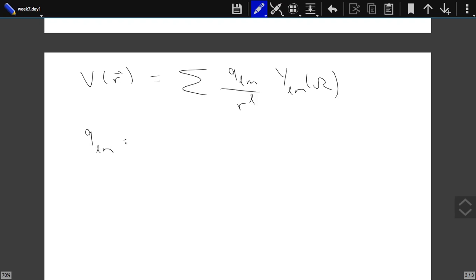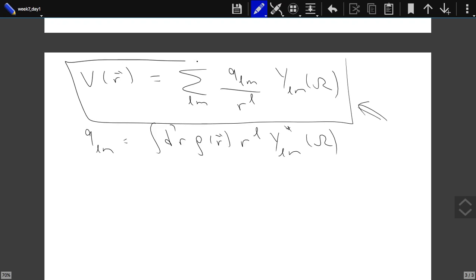You see, this expression, Q_L over R to the L, Q_LM, Y_LM of omega. If you remember, this is our multipole expansion, and we had defined this Q_LM as the integral of the charge density multiplied with R to the L, Y_LM star of omega.